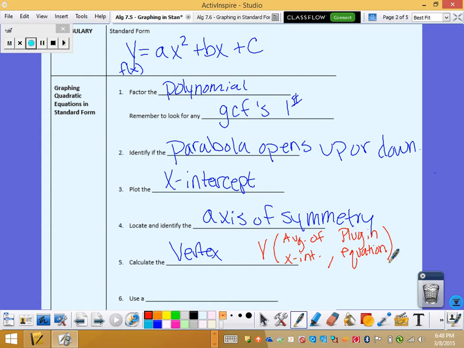Okay, last step is to use a table of values and a reflection of those points across your axis of symmetry.